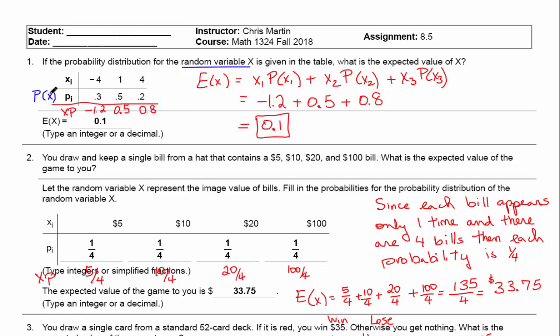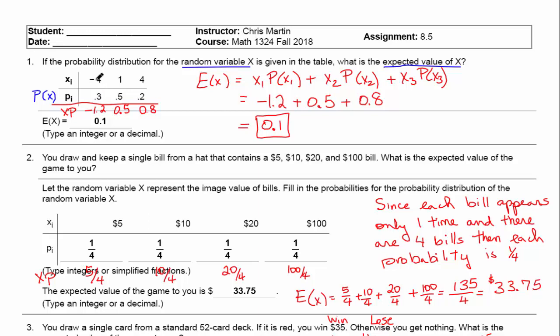So what they want us to do is to take this probability distribution and find something that's called the expected value. The expected value is essentially the mean or the average of the distribution. How do we get it? Well, we simply make one more row over here, and the row is you multiply the x with its probability.